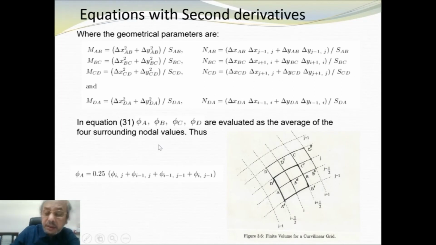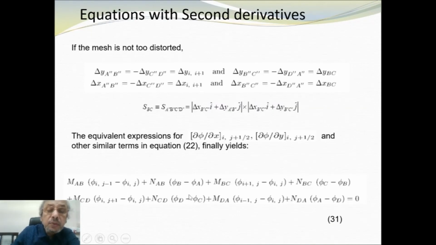And in equation 31, we can see that phi ij minus 1, phi ij, phi ij plus 1, all these ij subscripted variables are basically nodal points, well-defined nodal points where the grid lines are intersecting.